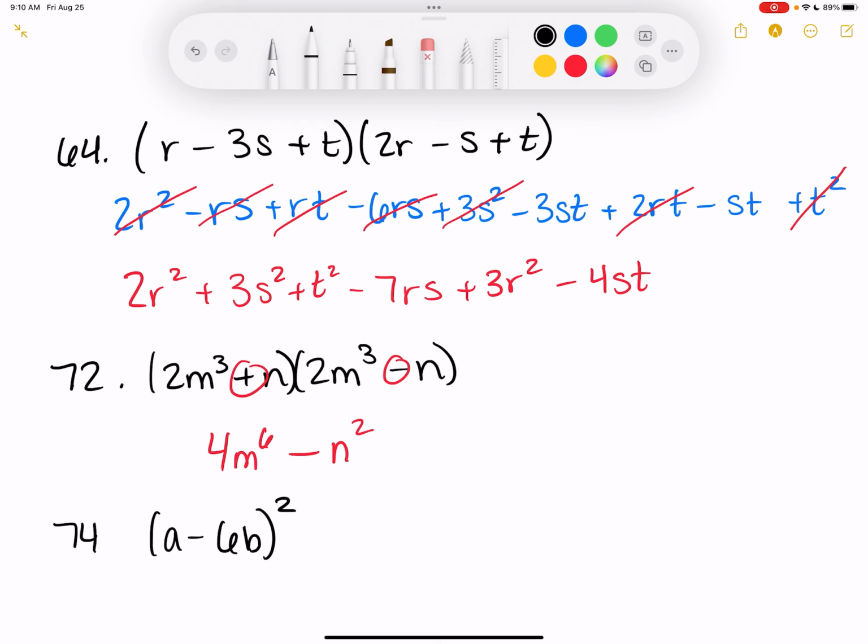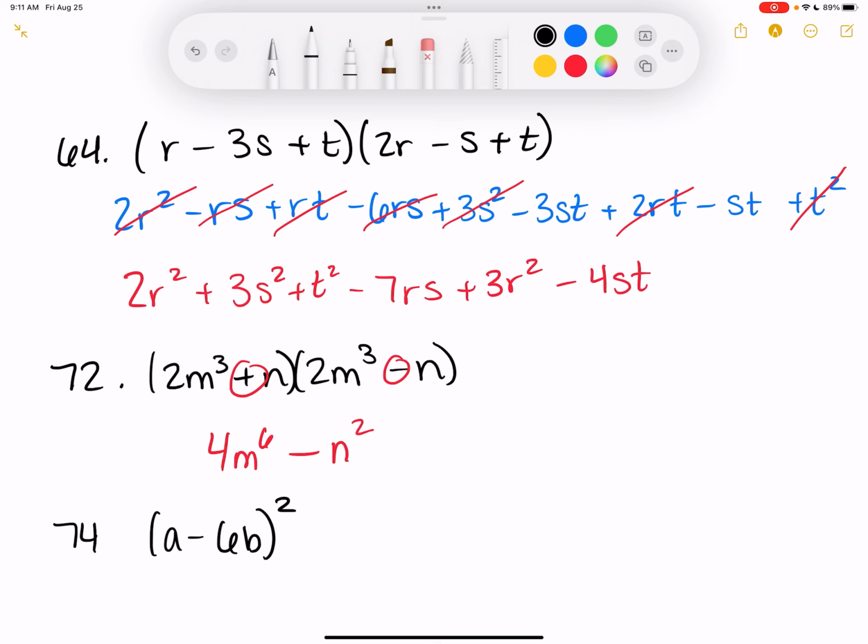So the last thing that you should have had in your notes was the perfect square trinomial. So when you have x plus or minus y, those can be anything. In our case, it's going to be a and something b squared. We have the first term squared, and then it's plus or minus, the same sign as whatever's in the middle, 2 times the first term times the last term, and then plus the last term squared.